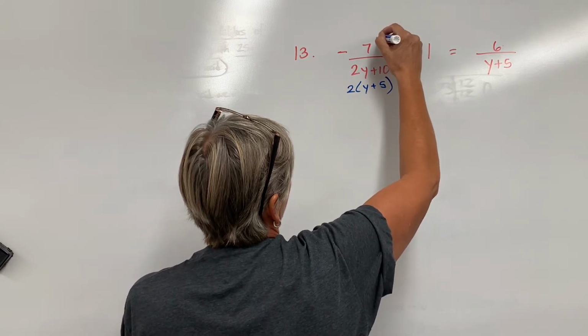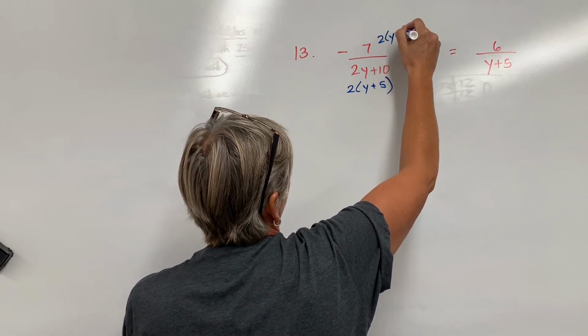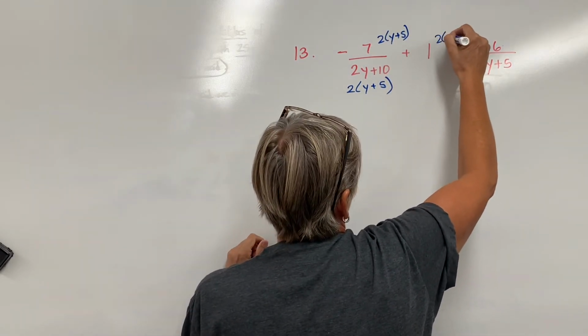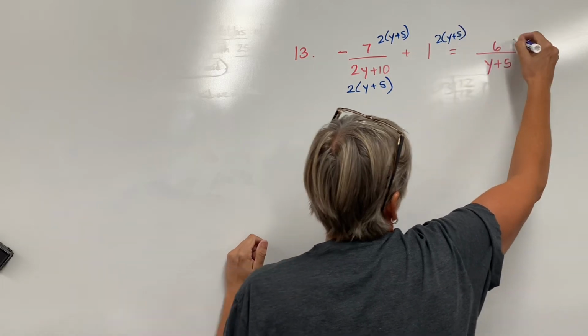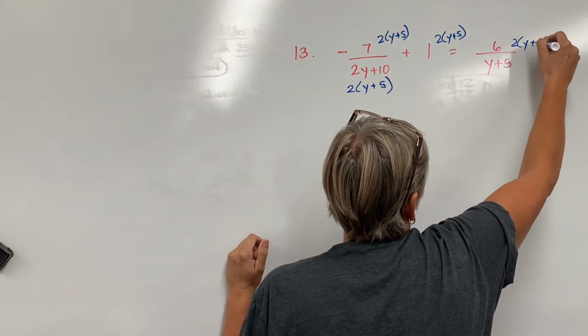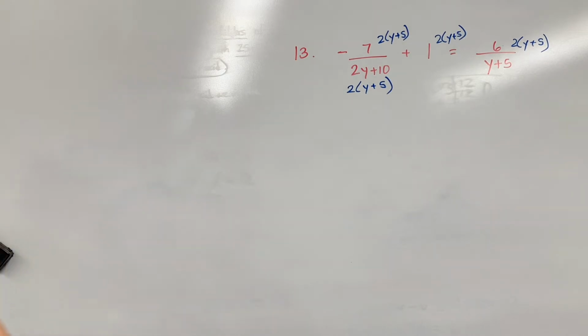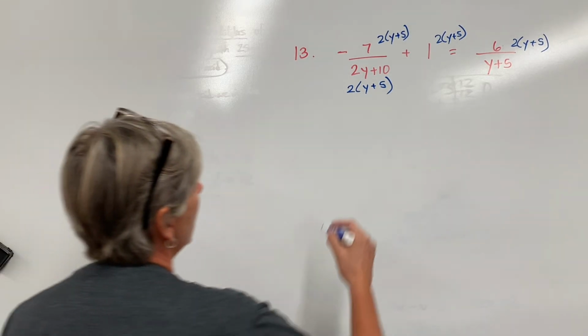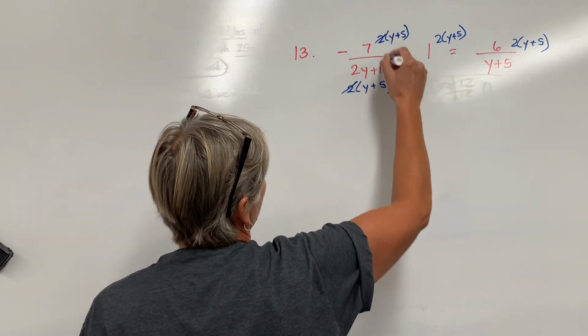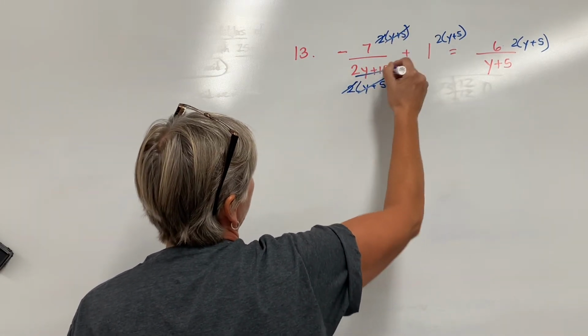So I'm going to multiply every term times the common denominator, which is 2 times y plus 5. I do this so that I can cancel all my denominators and then I'm left with things that are no longer fractions. So here what cancels is everything, right? The 2 and the y plus 5.